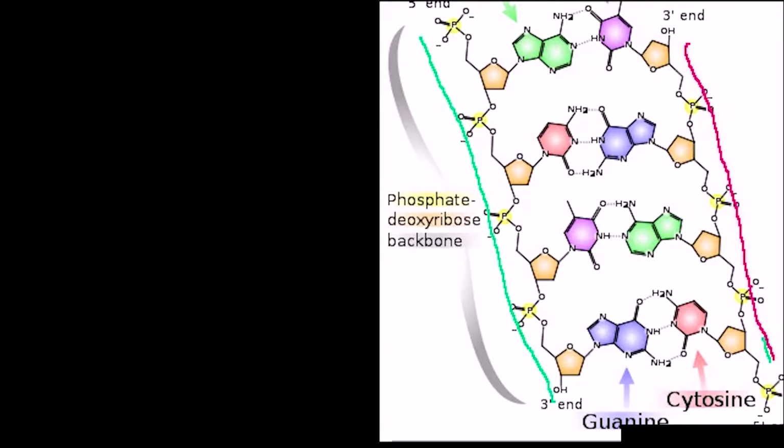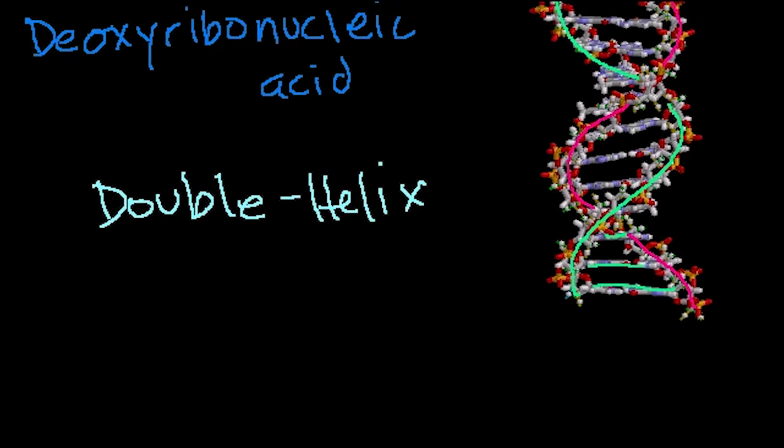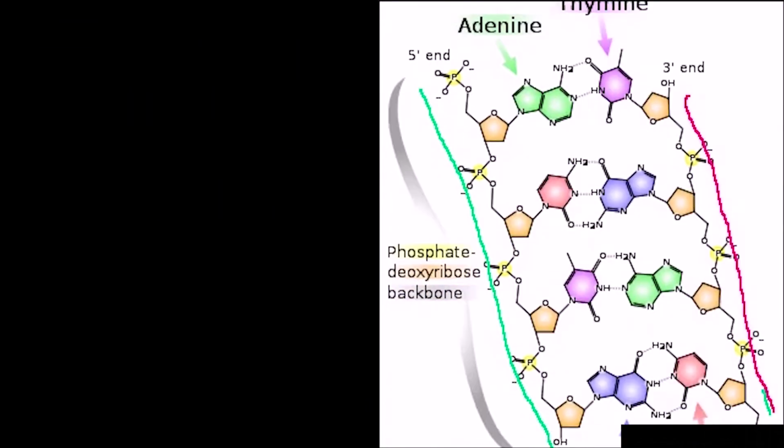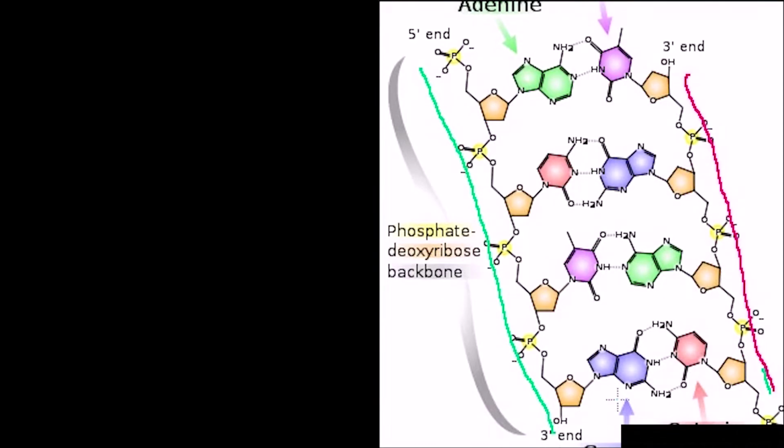And if you twist it up, you get back to the drawing up here. And then these bridges that you see in the double helix, those are these connections right here. These are the bridges.